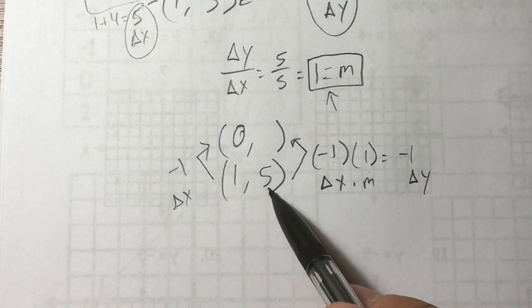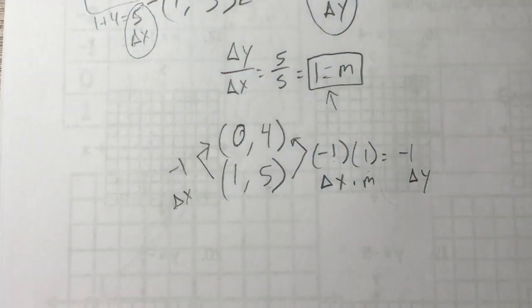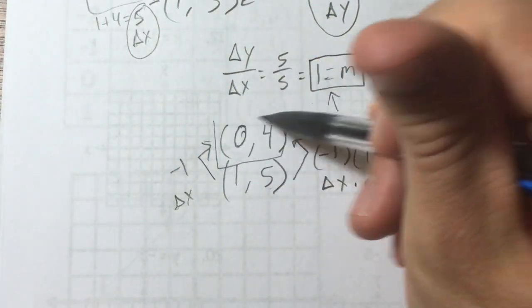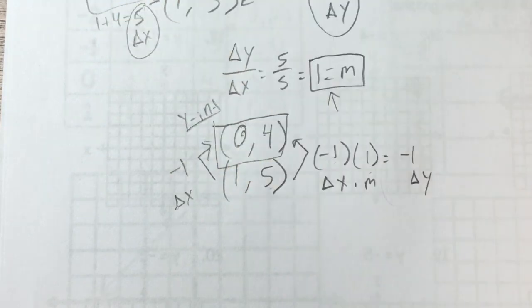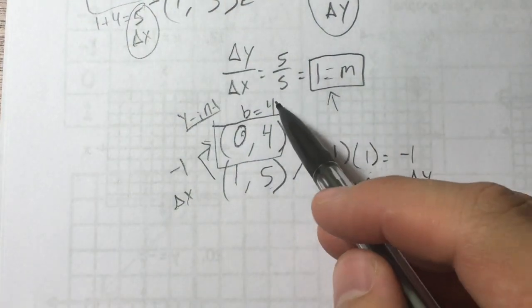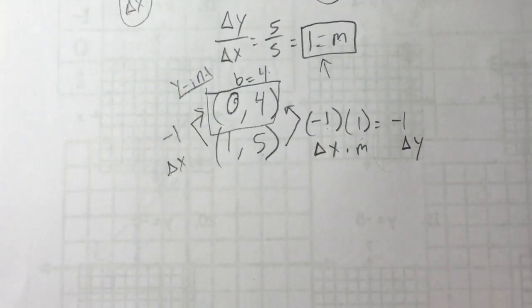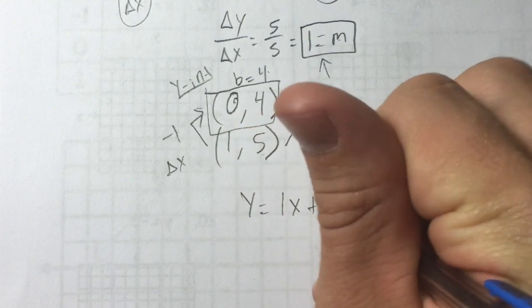So if we started at 5, our change in y is -1. Working backwards would leave me at 4. The point (0, 4) is the y-intercept. So this means b equals 4. Now I can use this and this to write the equation: y = 1x + 4.